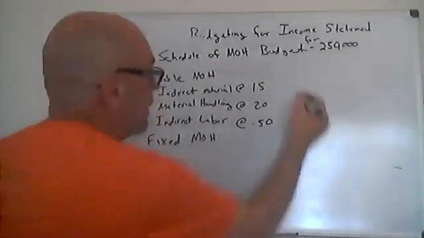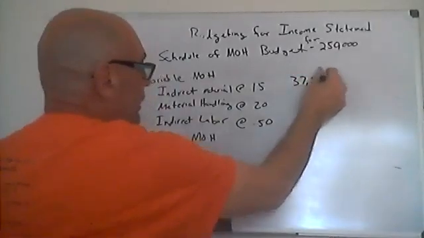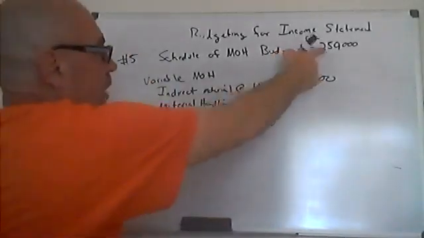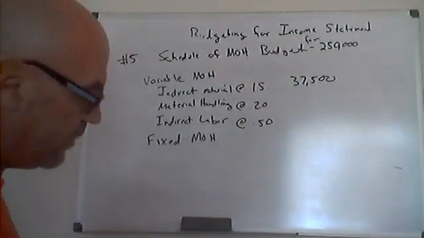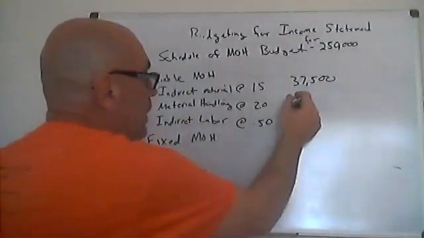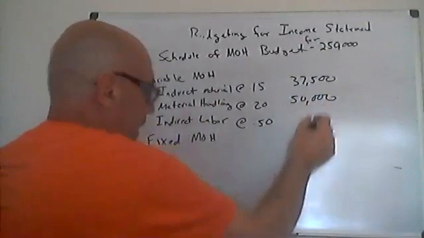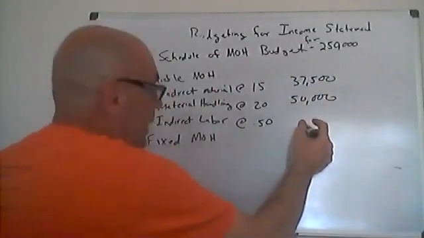So when you add it out, that is 15 cents multiplied by the 250,000 units. Multiply the 250,000 all the way down times everything.